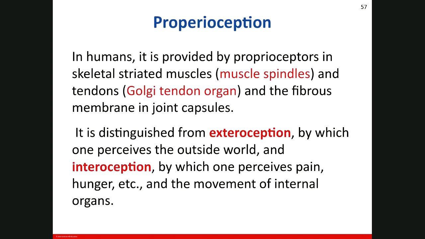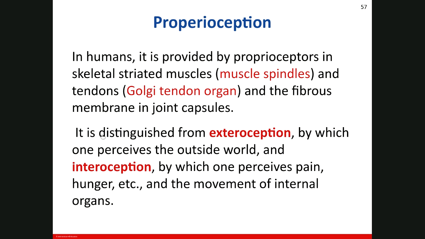In humans, proprioception is provided by proprioceptors in skeletal striated muscles, which we call the muscle spindle, in the tendons, which we call Golgi tendon organs, and the fibrous membrane in the joint capsule. Do you remember the fibrous membrane which covers our joint capsule from outside?